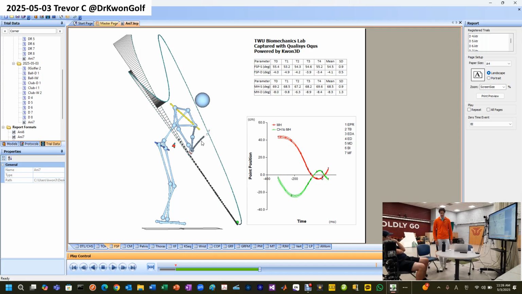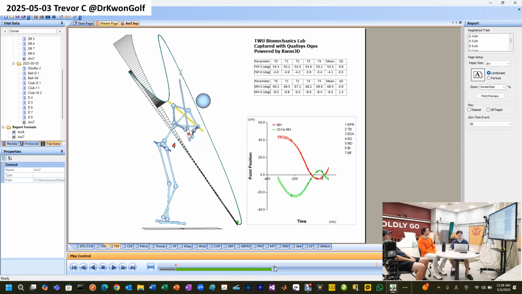Yeah, but it looks like your club and body are moving separately. So you're not really taking advantage of the body motion to promote the club motion here. And then lifting here, and all you do is intentionally try to drop this here.